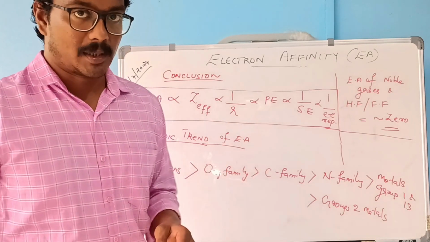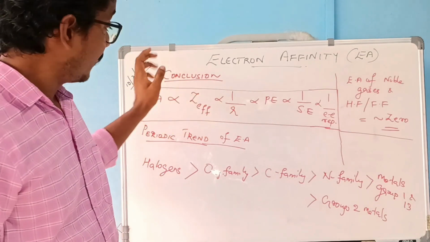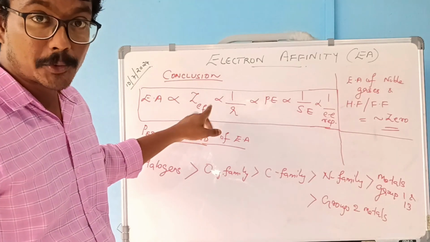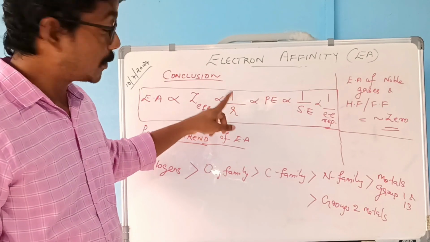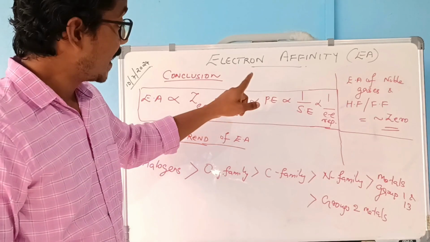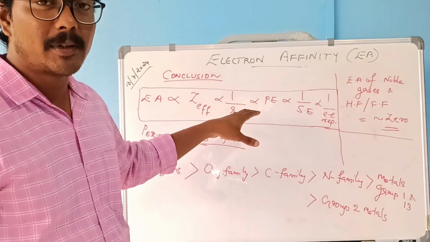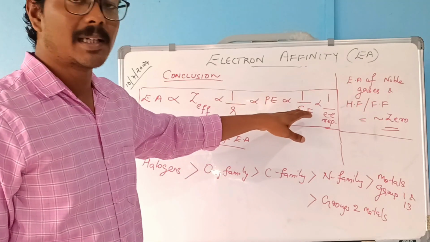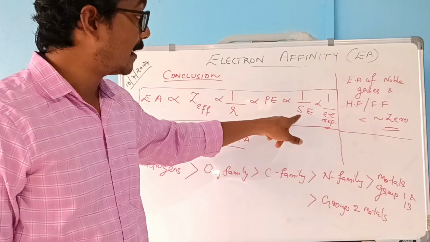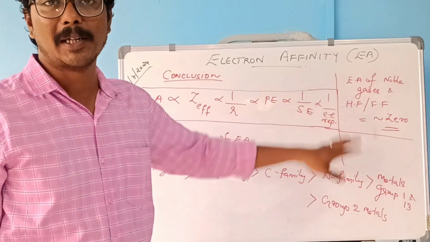So we can conclude that the electron affinity, which is a periodic trend, is proportional to the nuclear charge and inversely proportional to the atomic radii, and is proportional to the penetrating power of the sublevel electrons, and inversely proportional to the screening effect of sublevels as well as the electron repulsion.